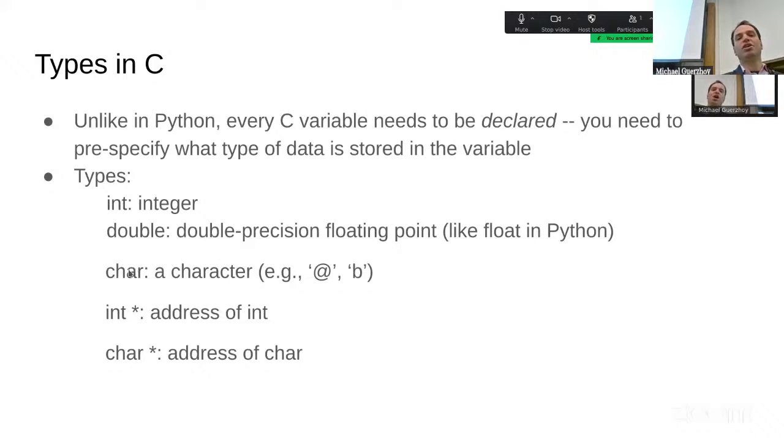We have char, which is a character. Unlike a Python string, that's a single character, like for example the @ sign or the letter B. We have a type that stores addresses of ints, and a type that stores addresses of char. So those are the types. The type here is int star.